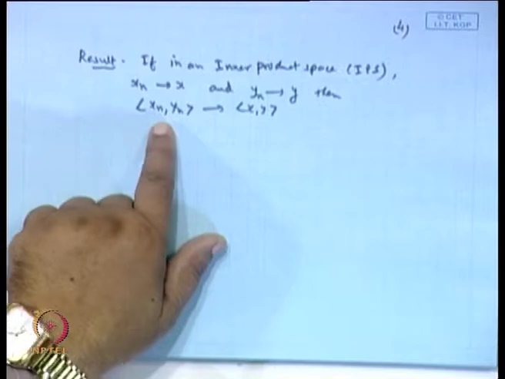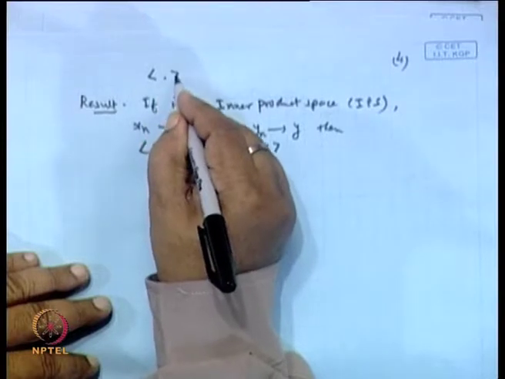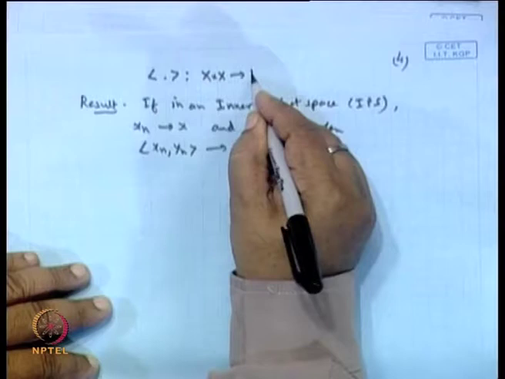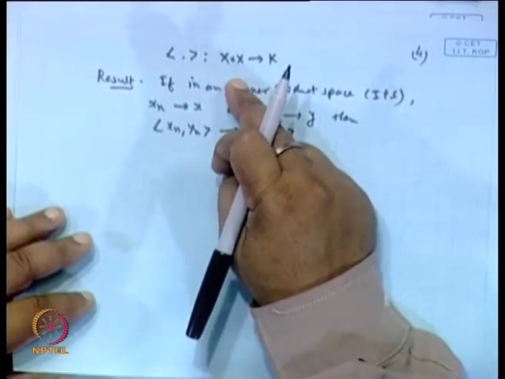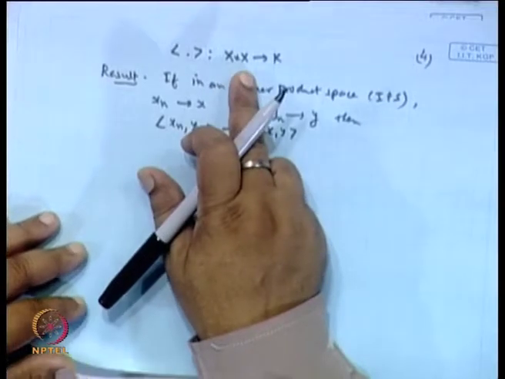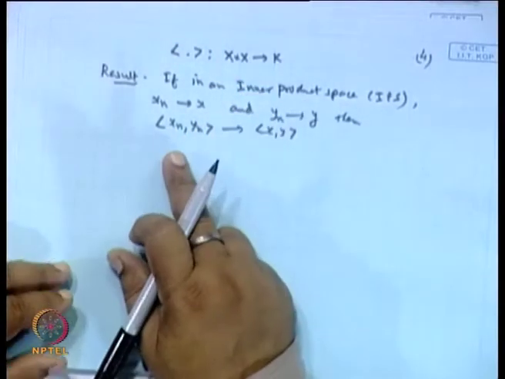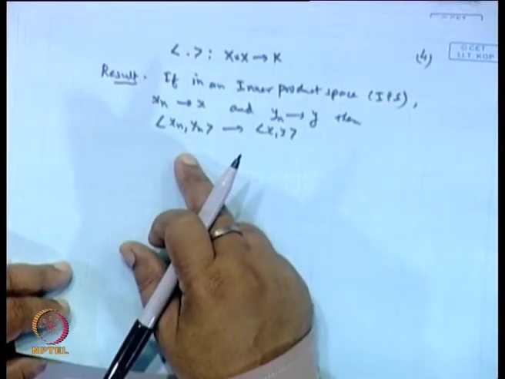So, this shows the inner product is a continuous function, because the inner product is a mapping from X cross X to K. K is the field of scalars of X, X is a vector space. So, we pick up the two points x and y, means ordered pair x n, y n, and under the inner product this gives the value of a scalar quantity in K.